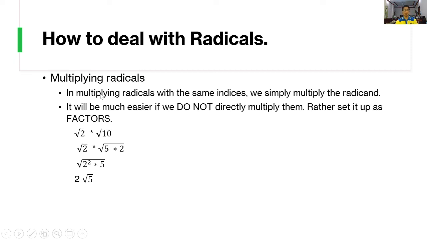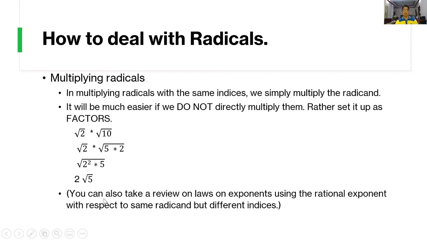That will pose a problem para po sa atin kahit gaano pa tayo kagaling. So what I'm saying here is, we simply set it up na may exponent para alam natin kung pwede tayo maglabas. Okay? You can also take a review on laws on exponents, using the rational exponent with respect to same radicand but different indices.